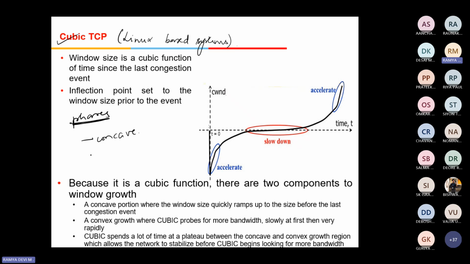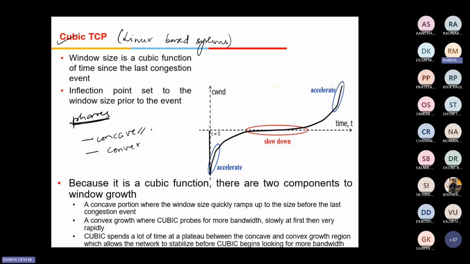One is called the concave growth phase, and the other is called the convex growth phase. First, we'll see the concave growth phase. It will reduce the window. Immediately after reducing the window, CUBIC will quickly regain the previous window size.